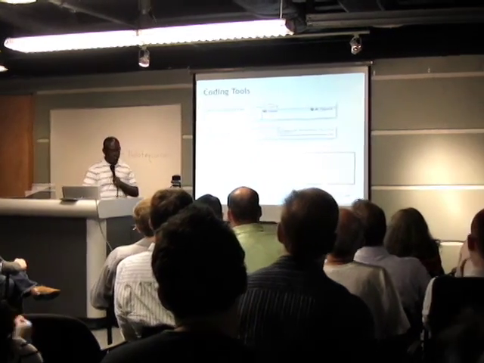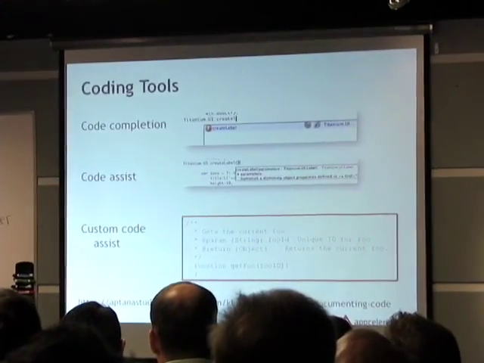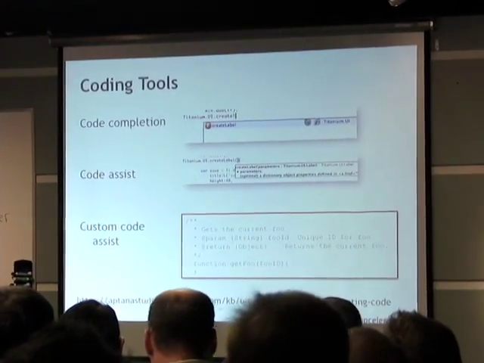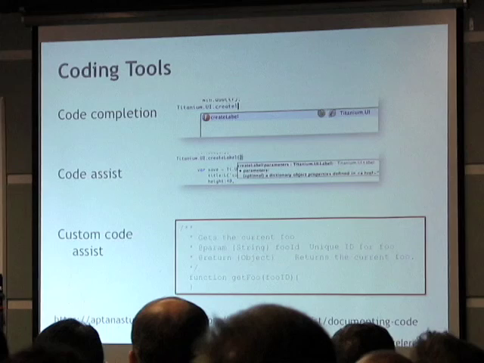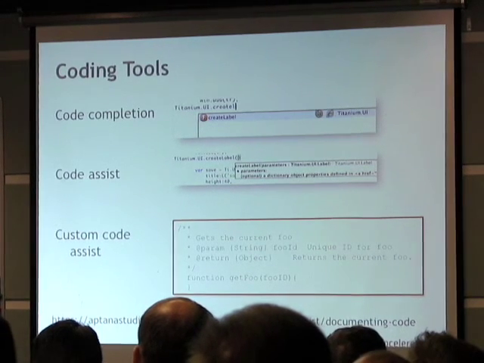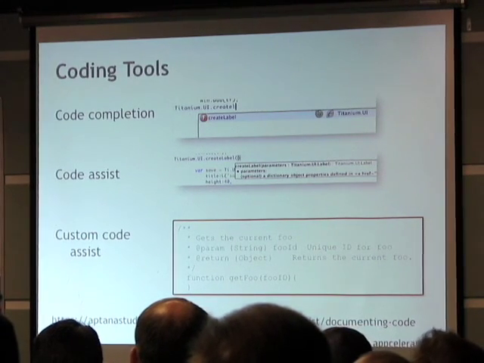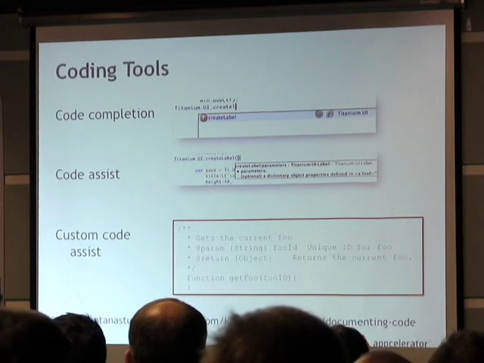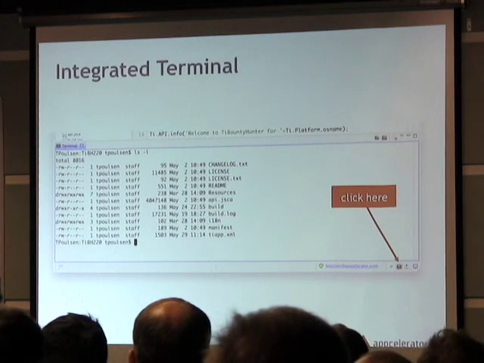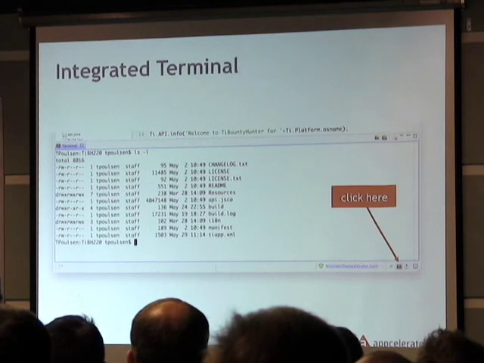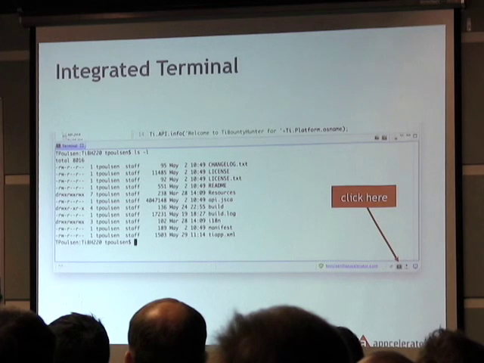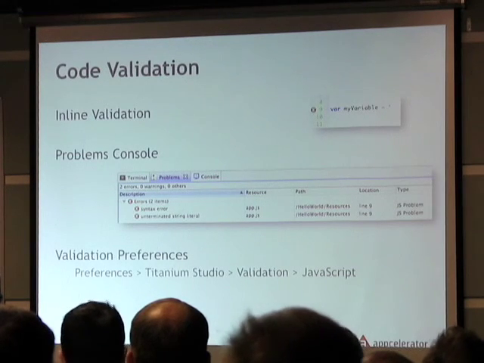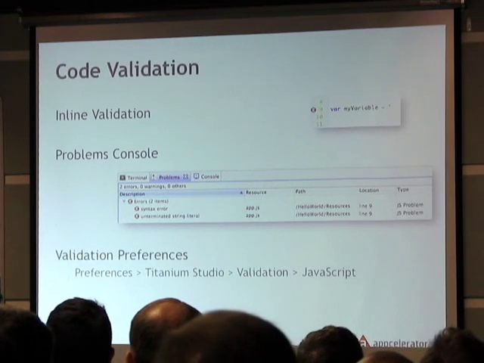So it's called Titanium Studio. What it will do is give you most of the stuff that developers are used to seeing. It'll give you code completion, code assist for the methods and the API for Appcelerator. You can also create your custom code assist in there if you like. It has an integrated terminal inside the IDE, so if you don't like toggling back and forth, it's all right in there for you. It will do inline validation of your JavaScript code.